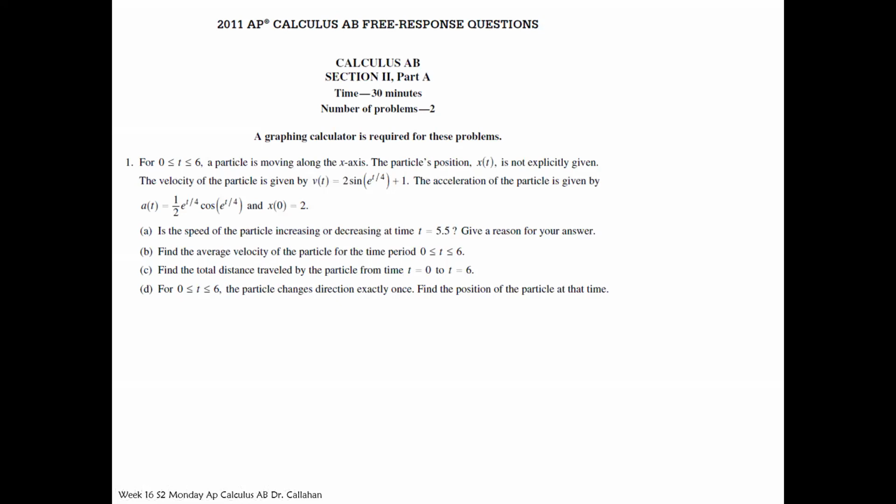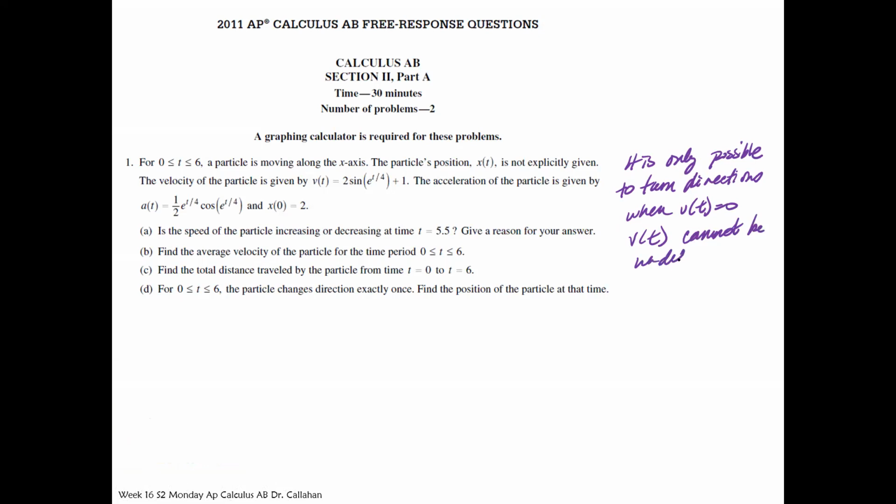Okay, so some background information is it is only possible to turn directions when v of t is equal to 0, and v of t cannot be undefined. Since we're looking at v of t, we're going to figure out when v of t is equal to 0.